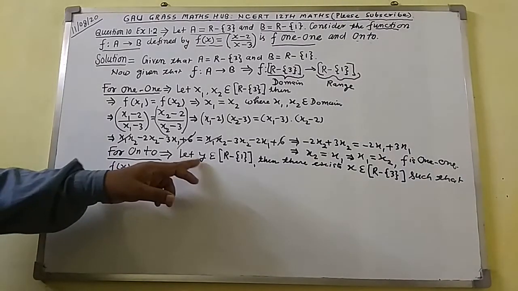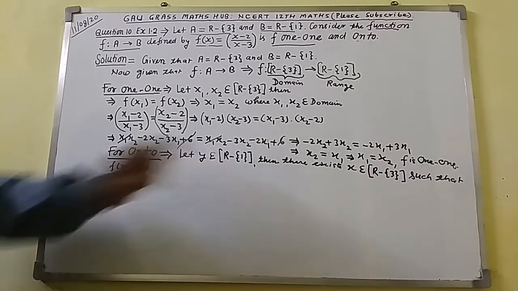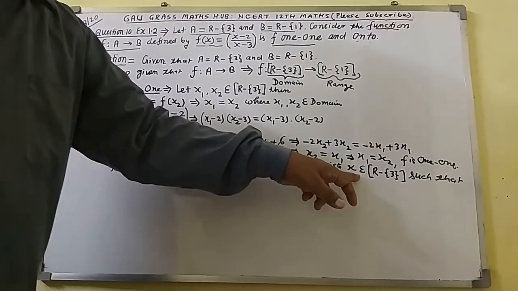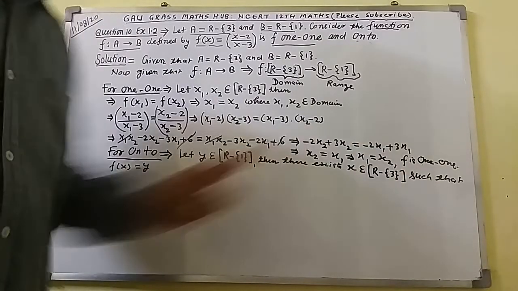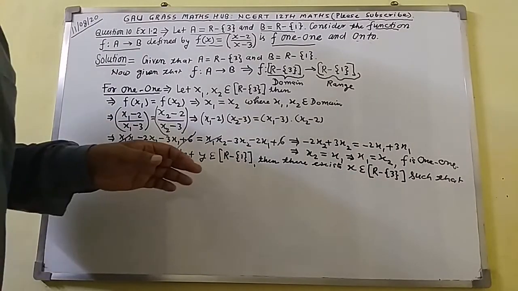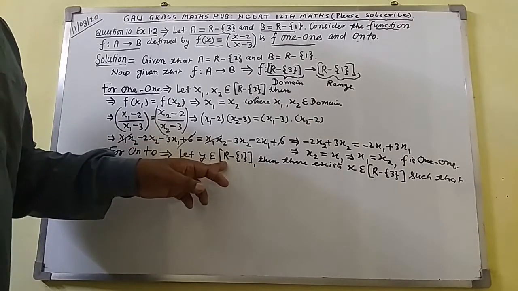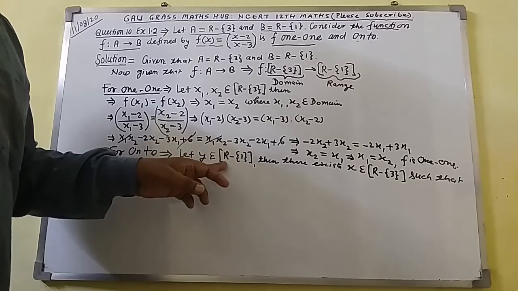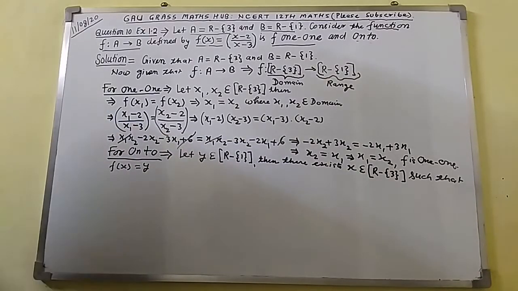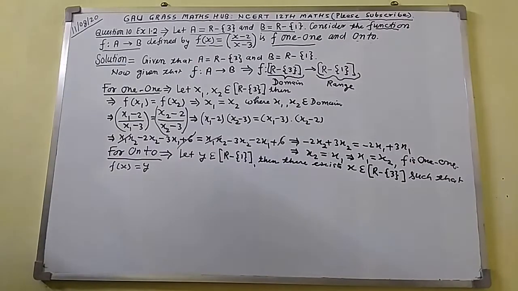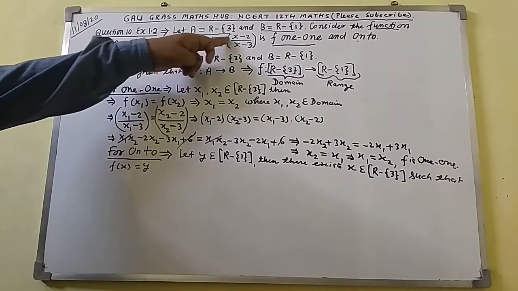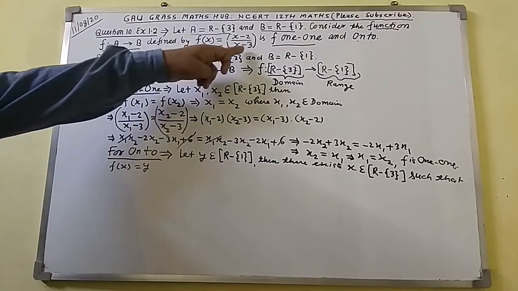Here, let y belong to codomain. Then there exists x belong to domain such that fx is equal to y. So by doing this process, if this codomain is converted into range, then this function will be onto. So let us see how this will be done. Here you can see fx equal to x minus 2 whole over x minus 3.